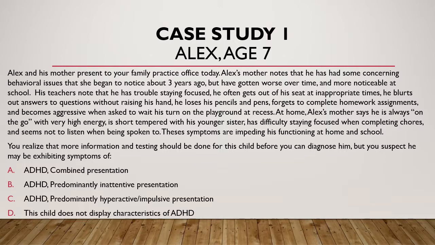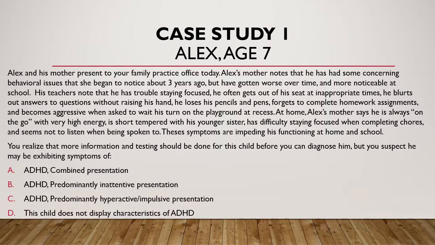At home, Alex's mother says he is always, quote, on the go, with very high energy. He is short-tempered with his younger sister, has difficulty staying focused when completing chores, and seems not to listen when being spoken to. These symptoms are impeding his functioning at home and school.